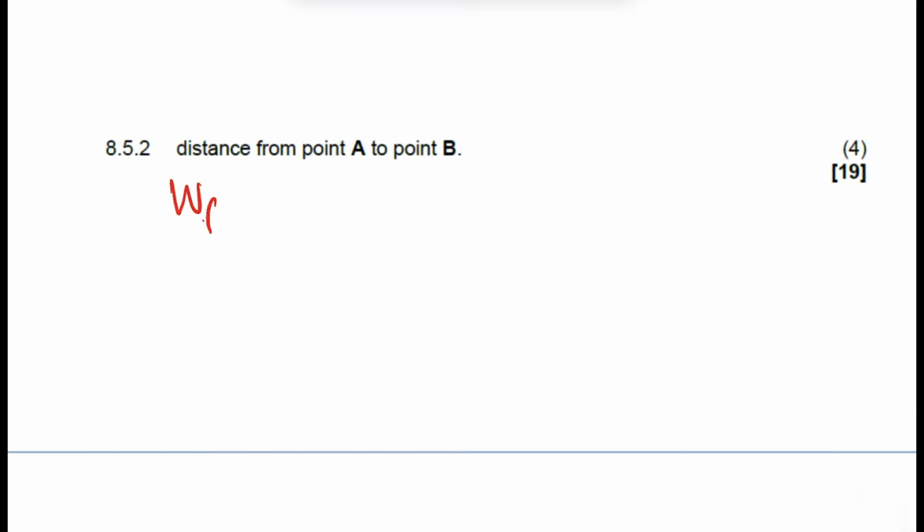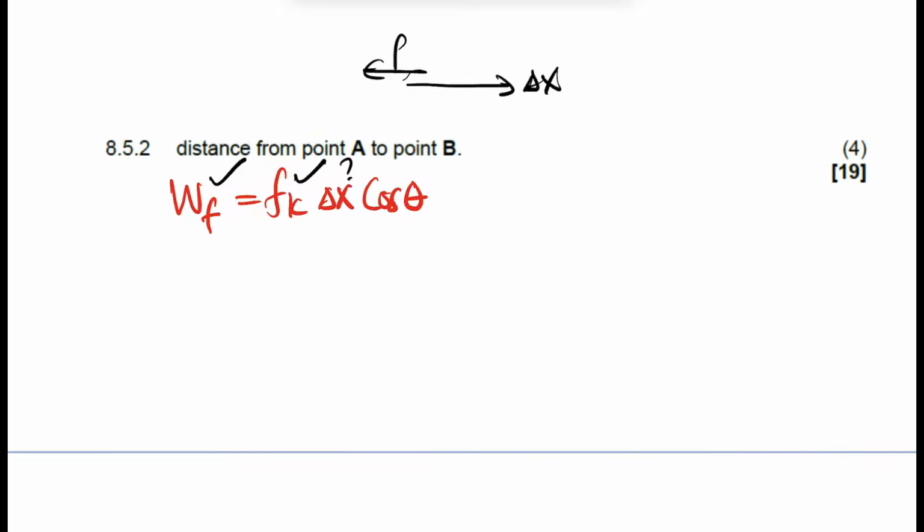We will say work done by friction is equal to friction times displacement times cos theta. Why are we using this one? The work done by friction we have, we want the distance, which is the displacement, and the angle there, since the friction opposes the motion, the trolley is displaced this way and the friction is going that way. So the angle is going to be 180, right?